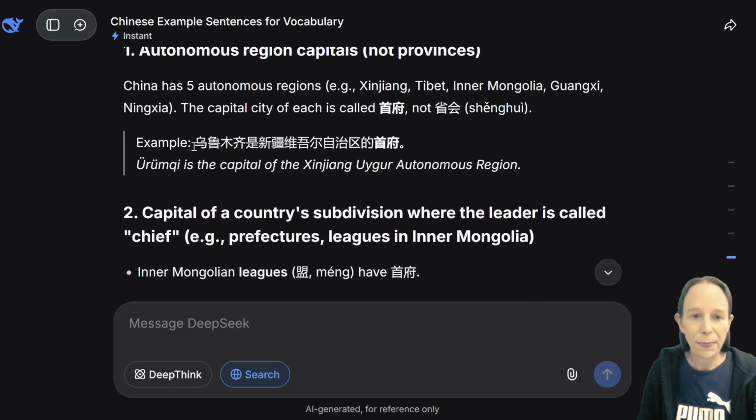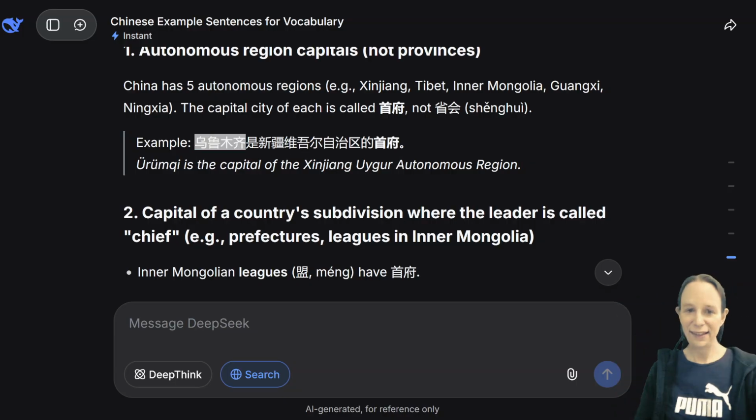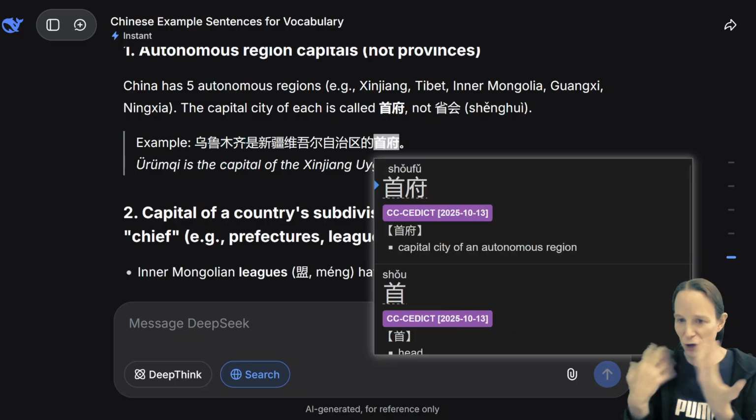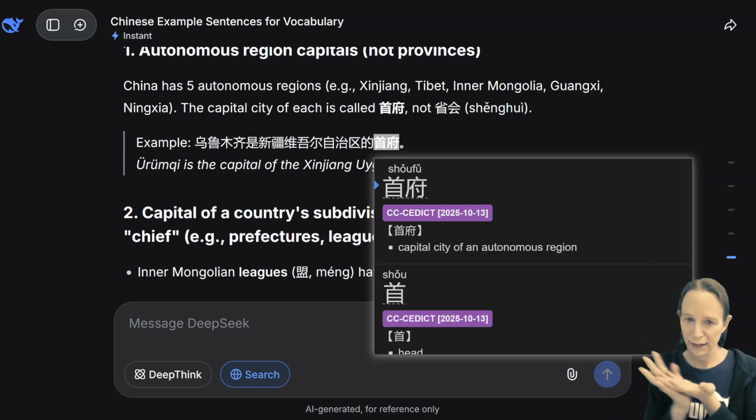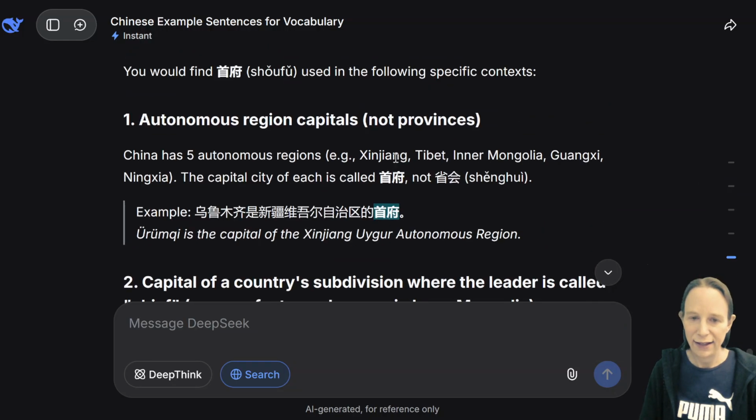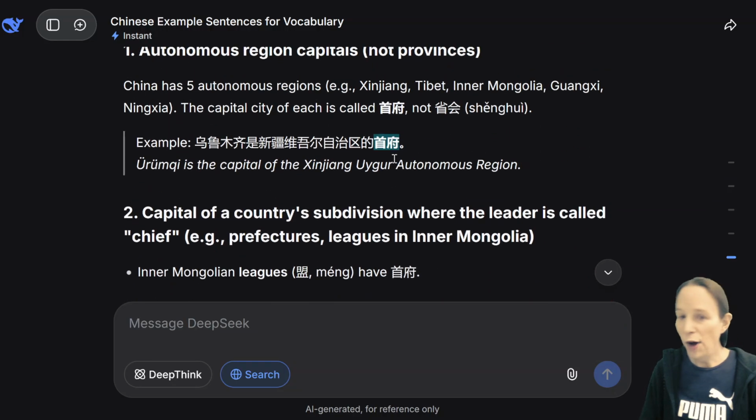Okay. 乌鲁木齐啊，been there. 乌鲁木齐是新疆维吾尔自治区的首府. So Urumqi, it's the capital of this region. So there's a different word because it's an autonomous region. All right. 首府 rather than 省会. Why?